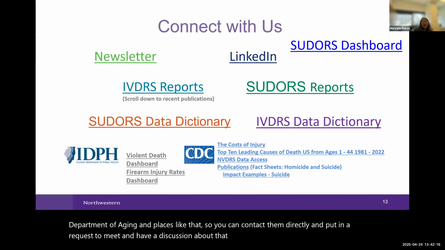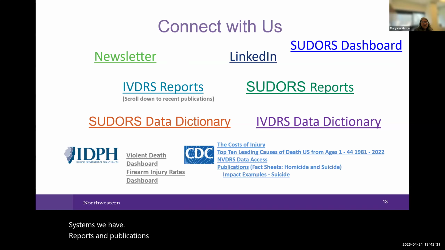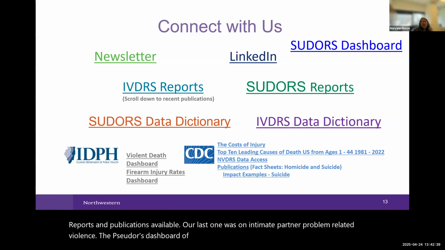And I also wanted to leave you with some other links. We do about a quarterly newsletter for each of those systems. We have reports and publications available. Our last one was on intimate partner problem related violence. The SUDORS dashboard, of course, and we have a LinkedIn profile. We have a link to SUDORS reports.